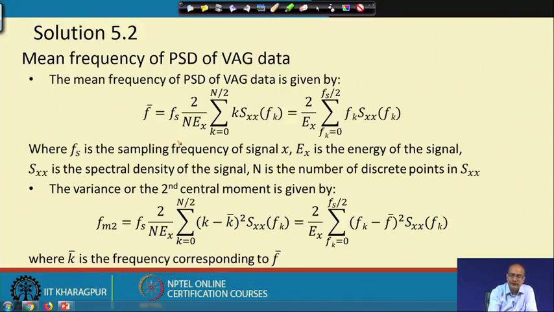Here is the equation given, where our spectrum is S_xx(f_k) in the discrete domain, k varying from 0 to N by 2. So, to compute the first moment, we multiply it with k and take the summation.